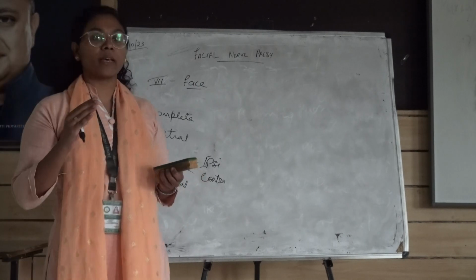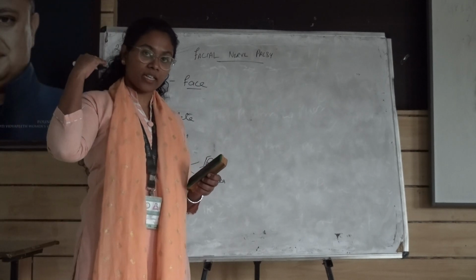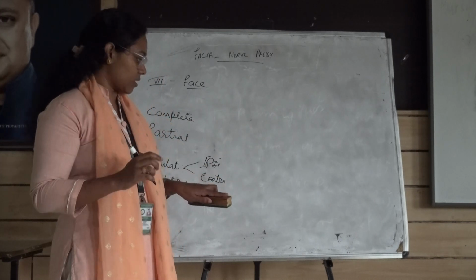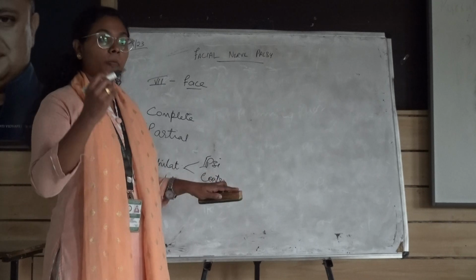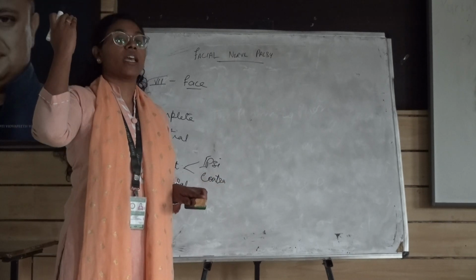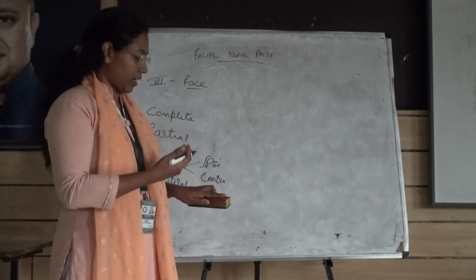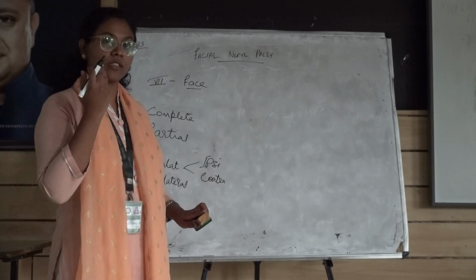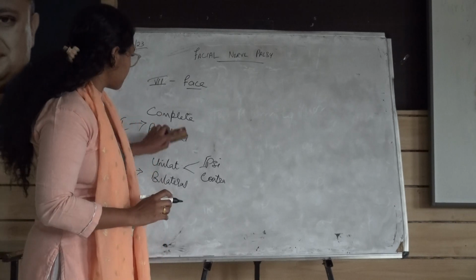If the facial nerve palsy is affected on the right side, if we talk about ipsilateral, the same side of paralysis takes place, and if it is contralateral, a right nerve lesion can cause paralysis to the opposite side. Bilateral means both sides of the face are completely paralyzed.